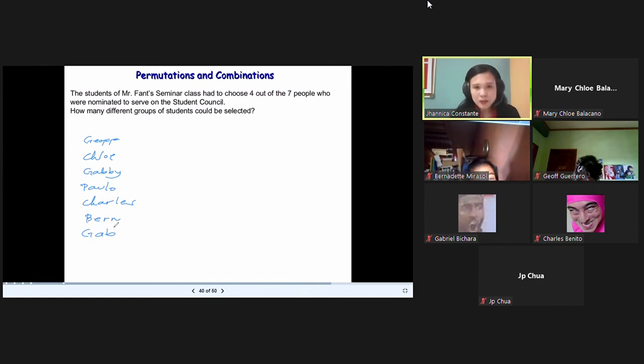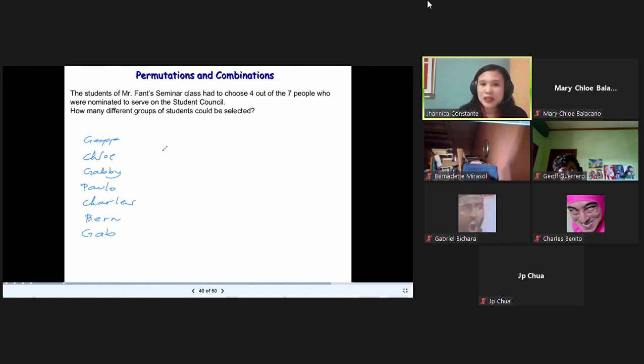And these 7 people need to choose 4 people that will be included in the student council. Since sinabi lang na mag-i-include sa student council, hindi binanggit kung anong position ang ilalagay. But if it is indeed mentioned in the problem that the position they're going to join is the president, the vice president, the secretary, or a treasurer, magiging permutation ang problem.